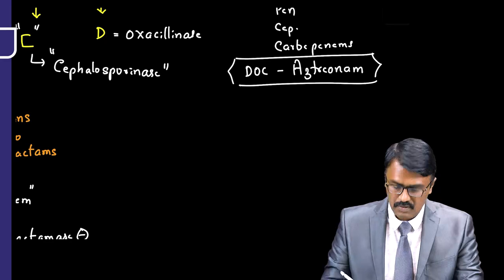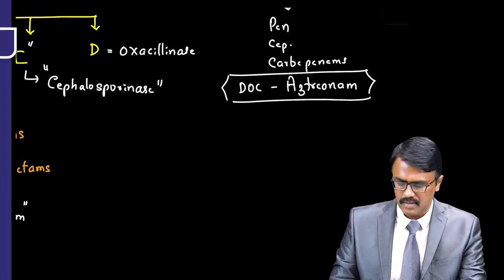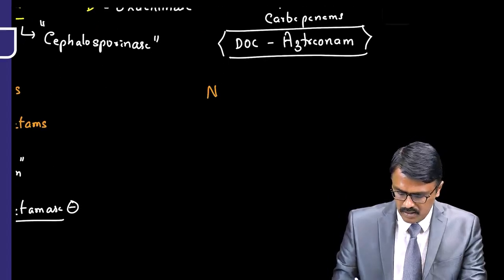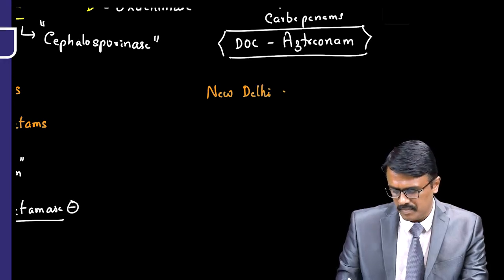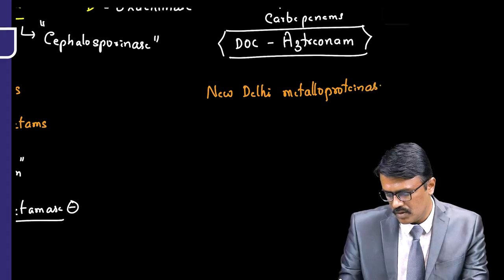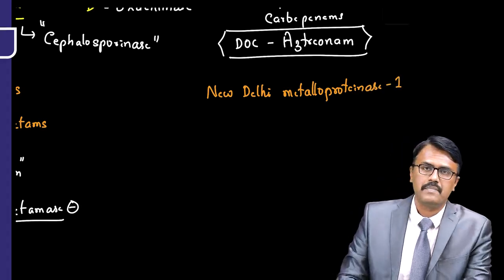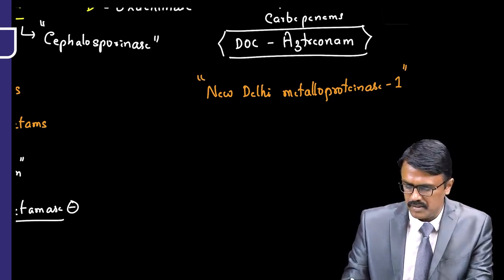Now the problem is we have an enzyme similar to this metallo-beta-lactamase, and that is called New Delhi metalloproteinase. It was discovered in New Delhi, but the patient was from another country, but still they retained the same name, New Delhi metalloproteinase.